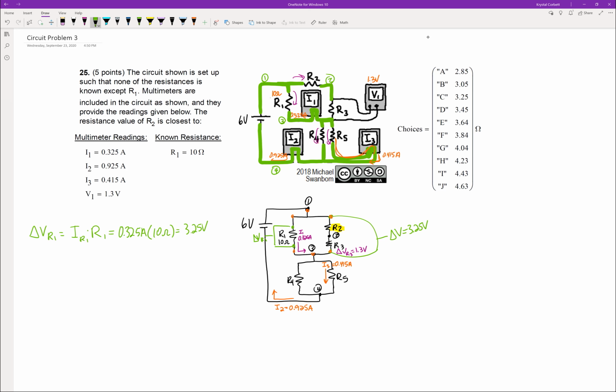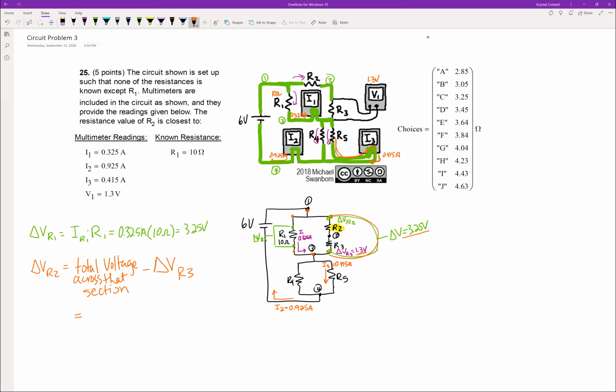Now that we know the total voltage drop across this section, the R2 and R3, I can find the voltage drop across R2. If the total voltage drop across this section is 3.25 and the individual voltage drop across R3 is 1.3, then I can say the voltage drop across R2 is equal to the total voltage across that section minus the voltage drop across R3.